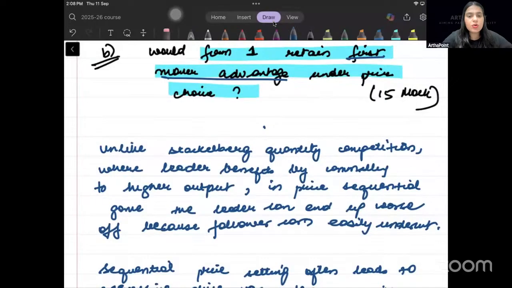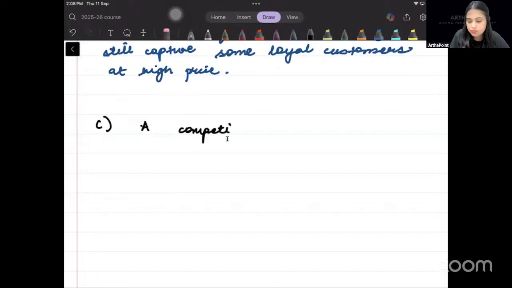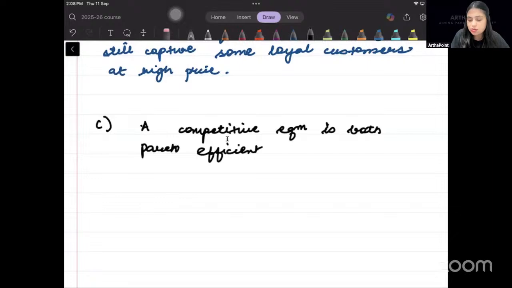Okay, now there is one last part left. Let me just write that down also for you. Here is the question. Yeah, C part. Again 15 marks, huh? A competitive equilibrium is both Pareto efficient and equitable.